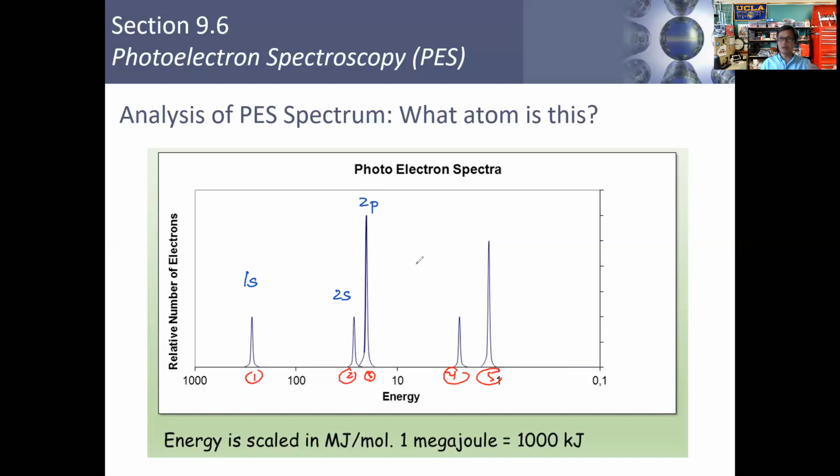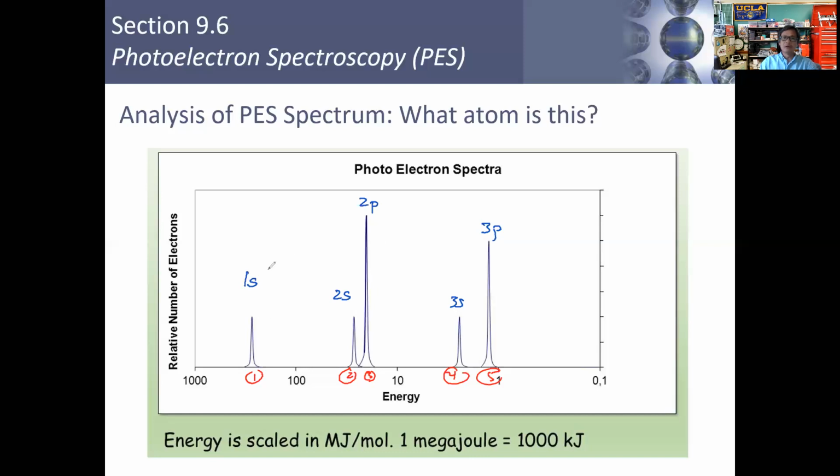What's after 2p? 3s. So this peak represents electrons in 3s, and this peak represents electrons in the 3p. There are the 5 different locations, with this one being the closest to the nucleus, and this one representing electrons furthest from the nucleus, because it is the lowest in energy. It's the furthest downstream. This is the furthest upstream.